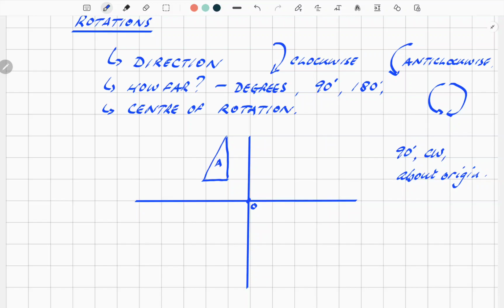Now, if you're doing it with tracing paper in your exam, all you want to do is take one of your corners and connect it to the point about which you're going to rotate it. So in other words, the origin. You could use your protractor, measure out 90 degrees if it's a 90-degree one. And you'll find that you have to draw some sort of a line to show where the 90 degrees is.